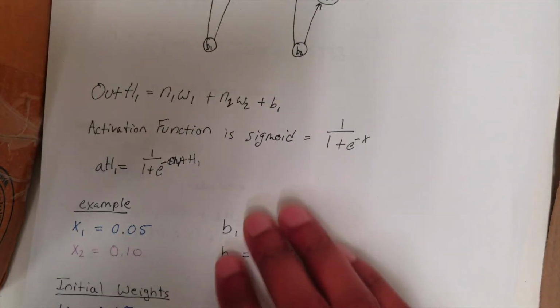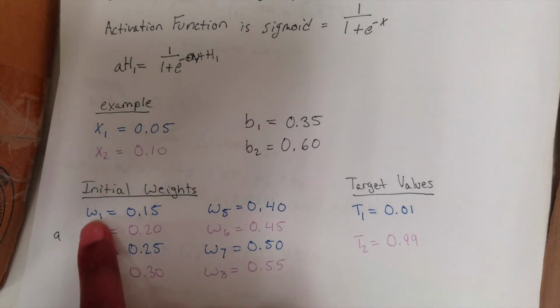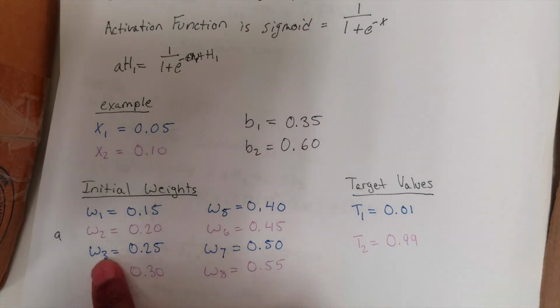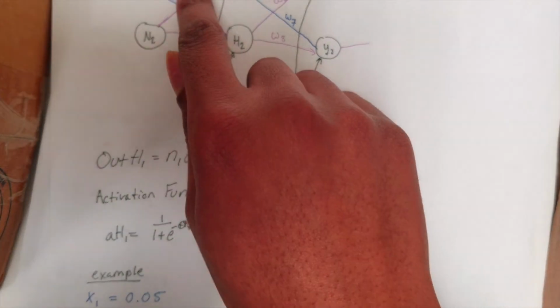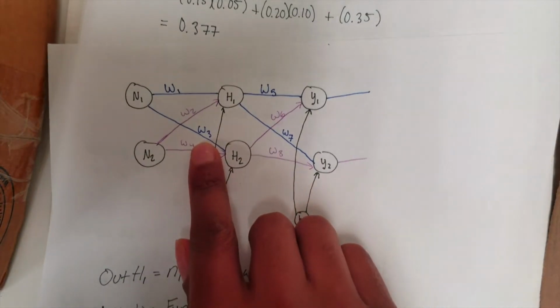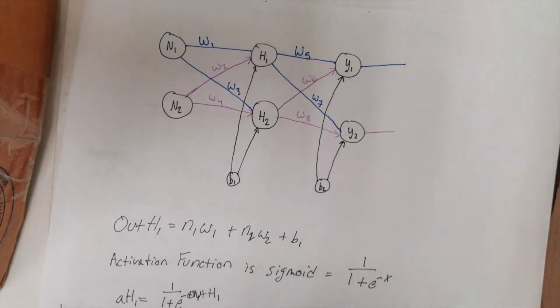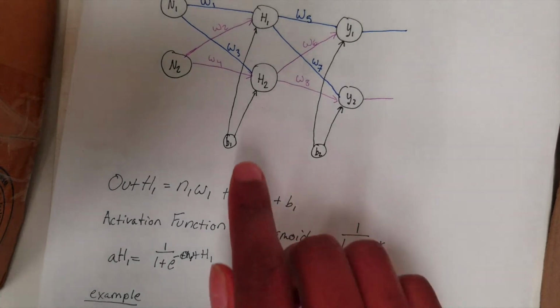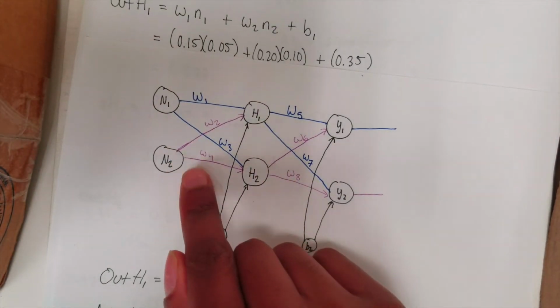We also have the initial weights. You'll notice W1 and W3 are blue, and W2 and W4 are purple. Now we're going to calculate the outputs of H1 and H2, because N1 and N2 are already given.